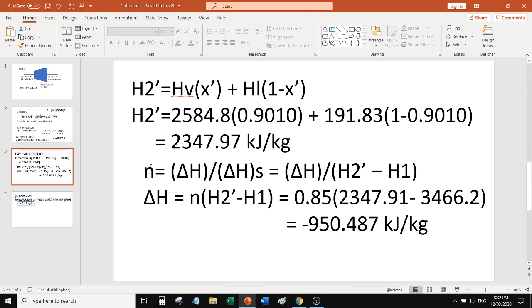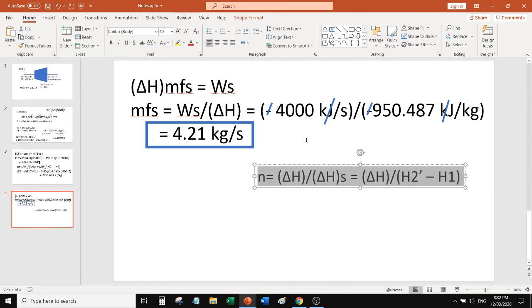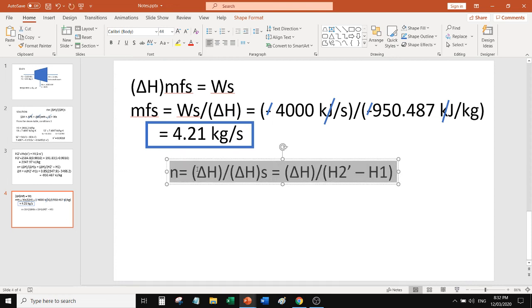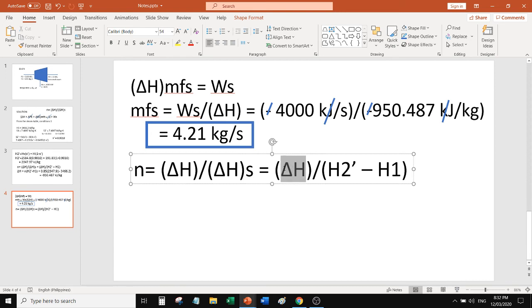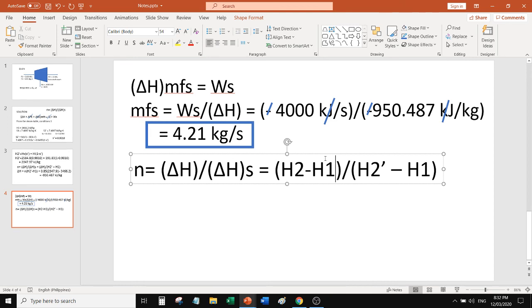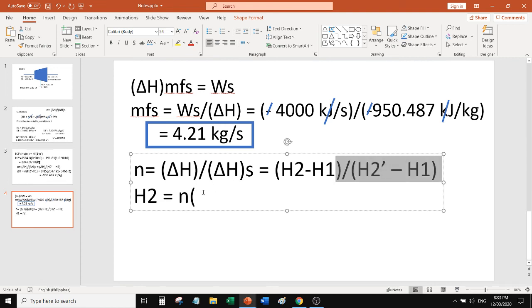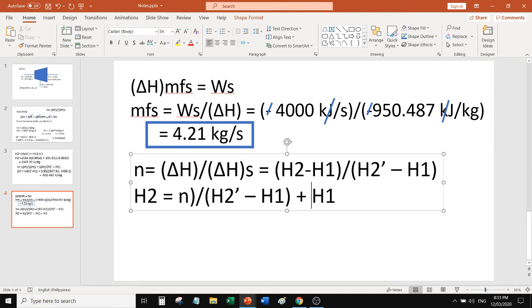Kasi meron tayo nitong equation na to. Gawin natin H2 actual minus H1, then isolate mo yung H2. Isolating H2.